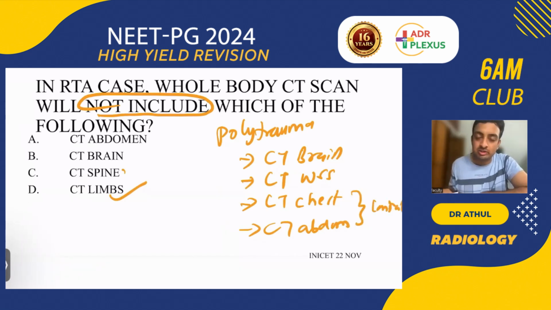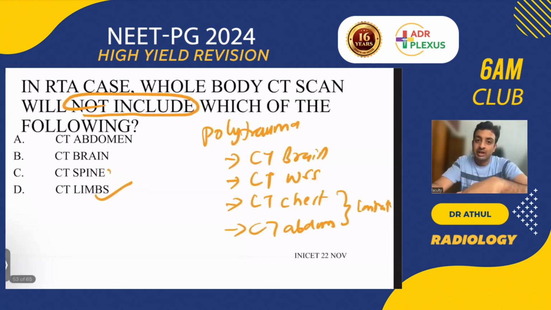So this is what is called the polytrauma protocol. When there is a very serious injury like a bike and car accident, or a patient falling from 10 feet or 12 feet height, then you have to take a polytrauma protocol and rule out pathologies of spine, brain, chest and abdomen. So rule out all kinds of internal injuries.